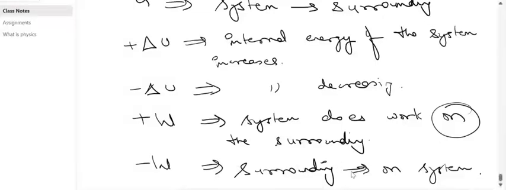If the work is happening on the system, it will be minus. If the system is doing the work, it will be plus. If internal energy is decreasing, it will be minus. If internal energy is increasing, it will be plus. Understood?